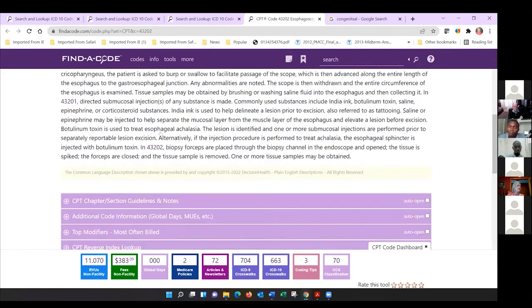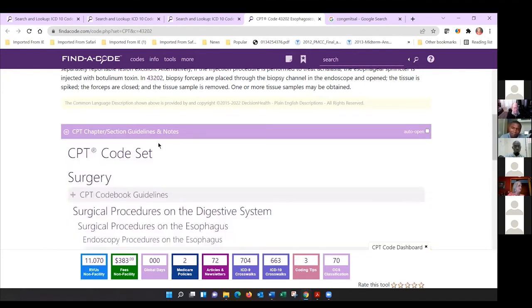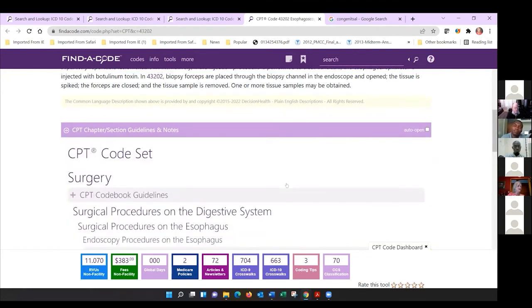And then once again, if we wanted to look at chapter, section, guidelines, and note, we could go through these, but we're not. I'll open it up just to let you see.